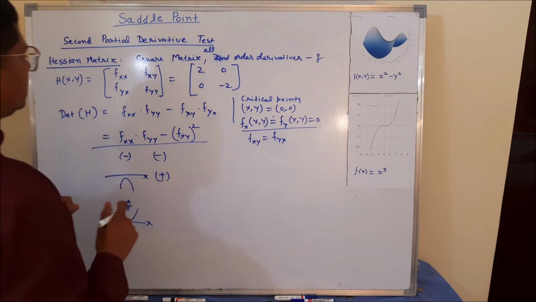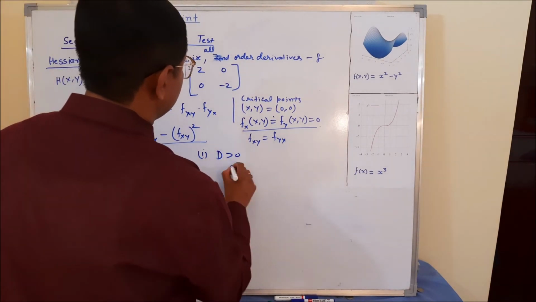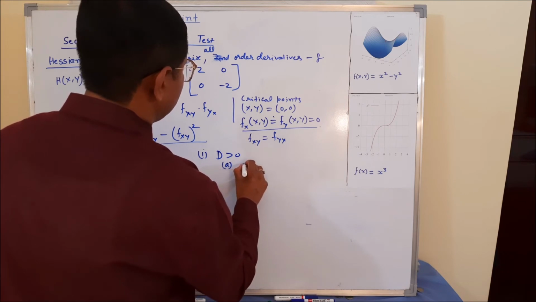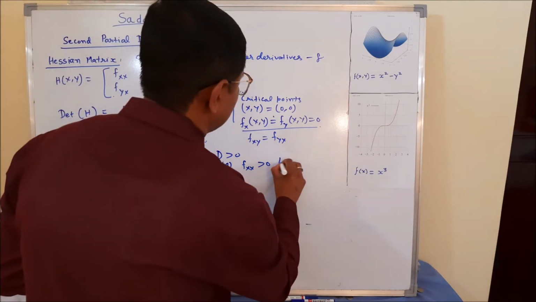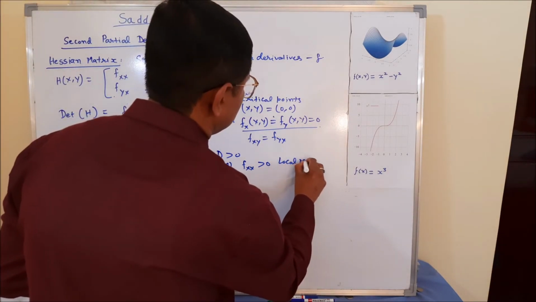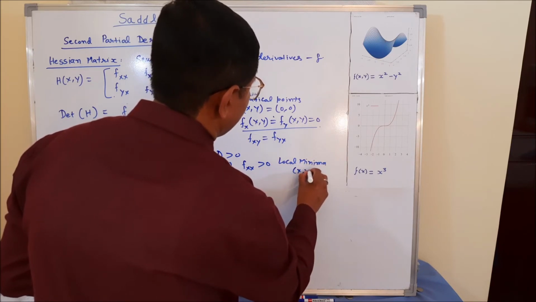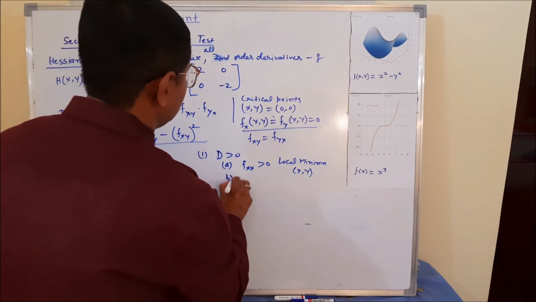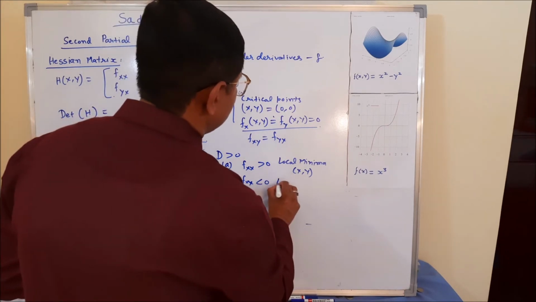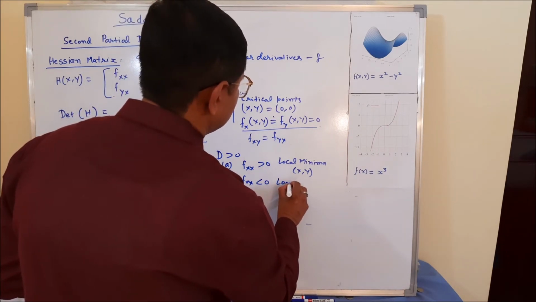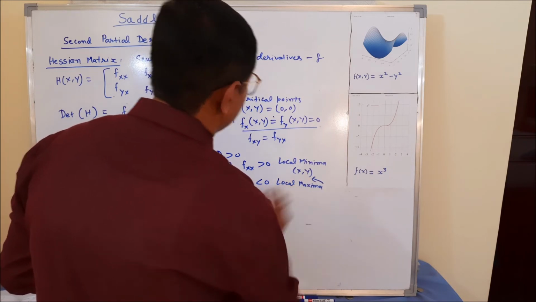So if the determinant D is greater than 0, then there will be two conditions. First, if fxx is greater than 0, then there will be a local minima at our critical point (x,y), and if fxx is less than 0, then there will be a local maxima at our critical point.